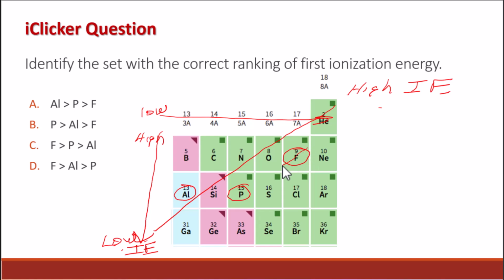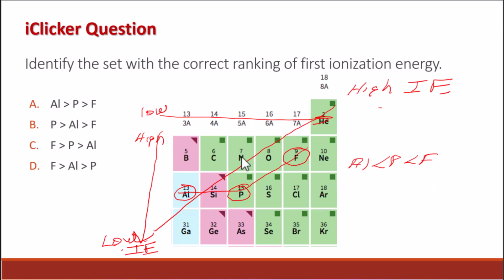So the ionization energy trend is decreasing in that direction. Fluorine will have the highest ionization energy, then phosphorus the next highest, and finally aluminum will have the lowest in this particular group.